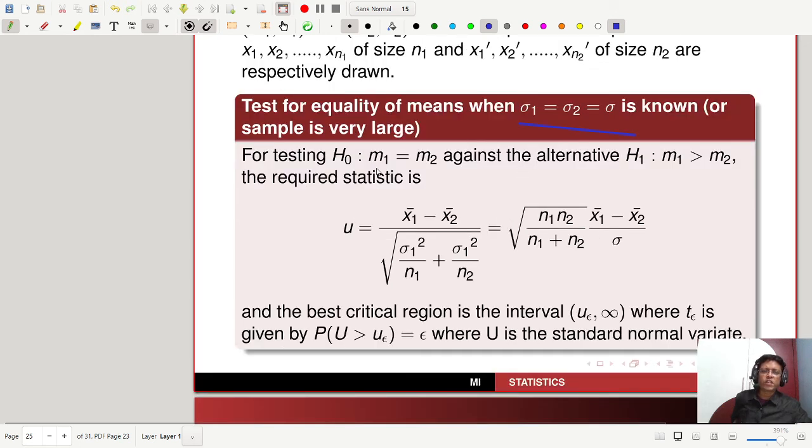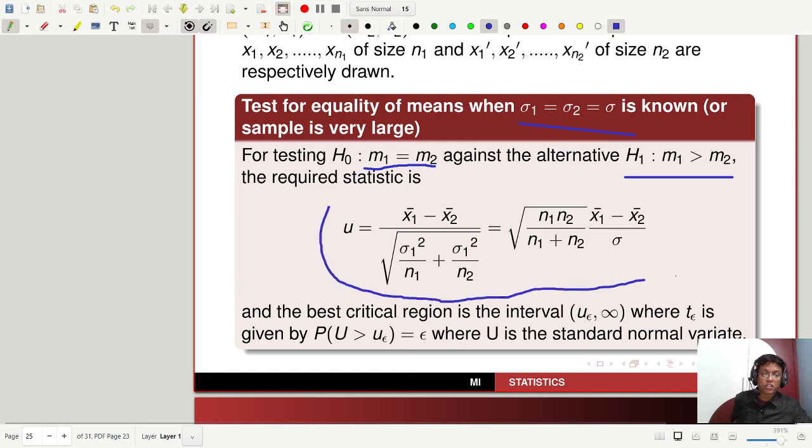Then you have to test m1 equal to m2 against the alternative m1 more than m2. The required statistic is u equal to x1 bar minus x2 bar. If sigma 1, sigma 2 are different, then you have this formula. If sigma 1 equal to sigma 2 equal to sigma, then this result comes into this.